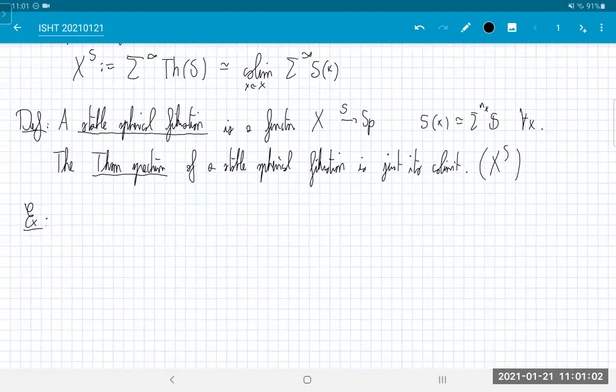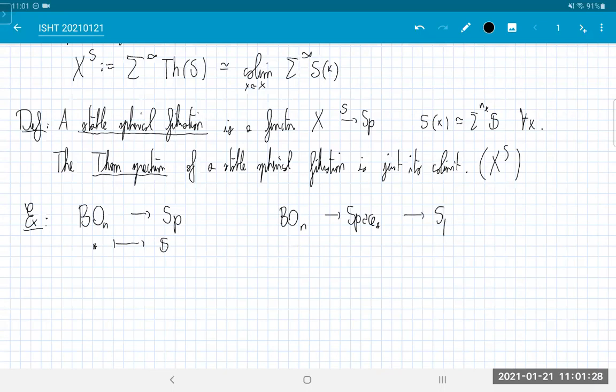So for example, you know that for every n you have a map from BO_n to spectra that sends the point to the sphere spectrum. You can write this as the composite of this map, the one sending the action of O_n on S^n, and then you send it to spectra, and this is sigma infinity, then minus n sigma infinity.